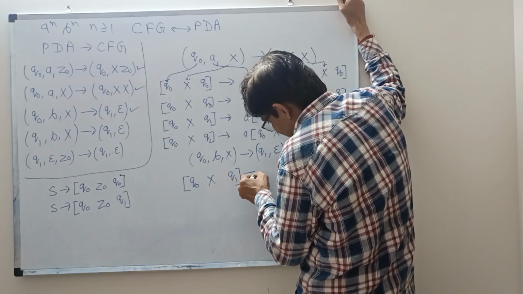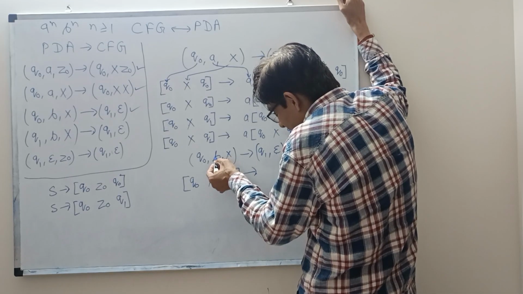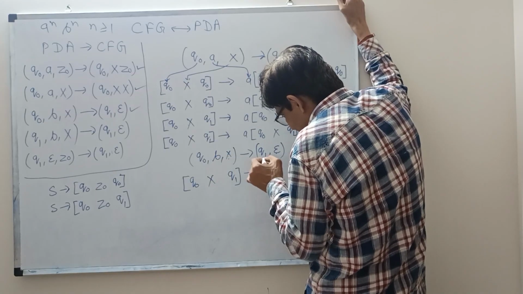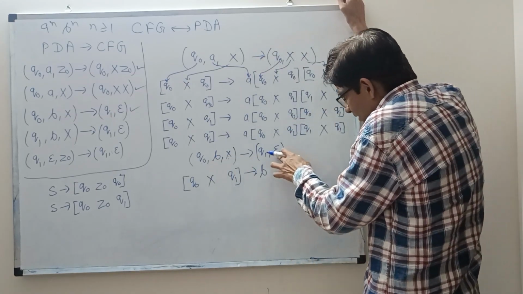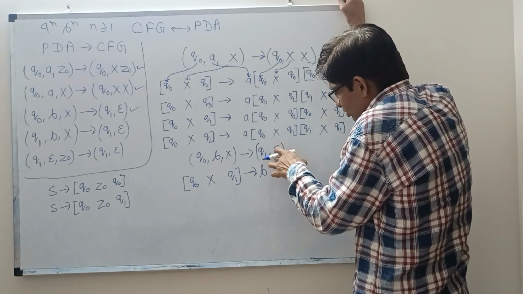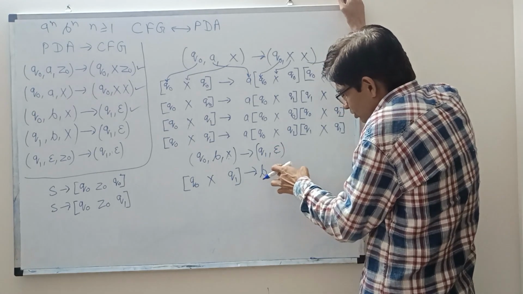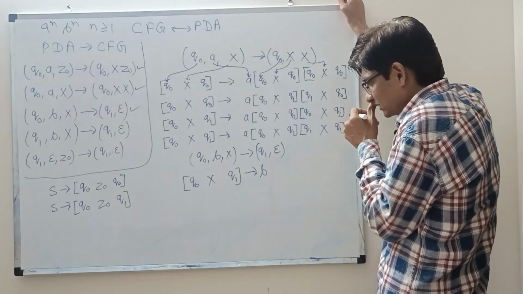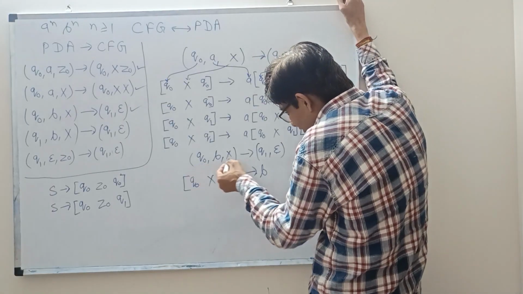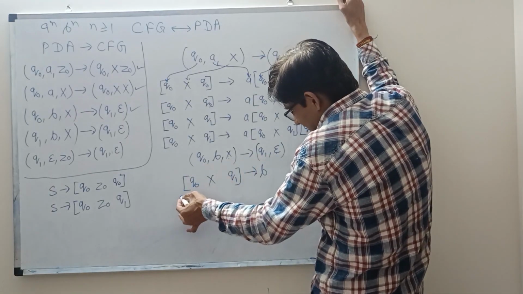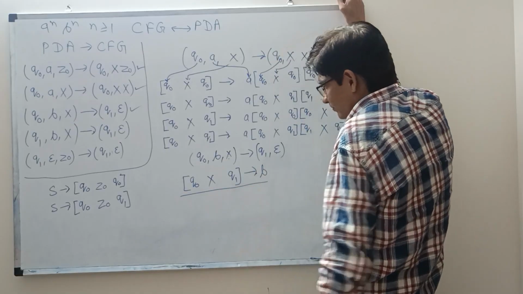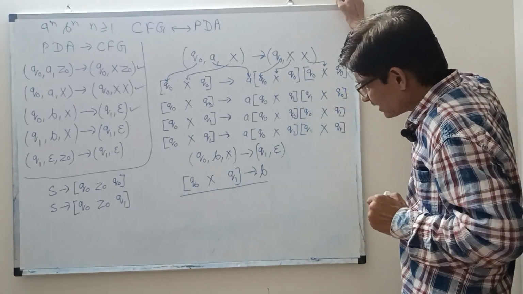This gives us this B in the right hand side. Now, as we have epsilon in the right hand side string of stack symbol, we will not have any variable in the right hand side. So corresponding to this transition rule, this is the production rule. So I hope it would be very much clear.